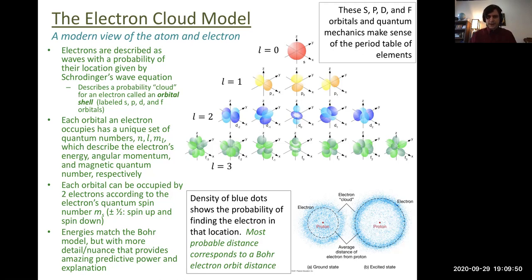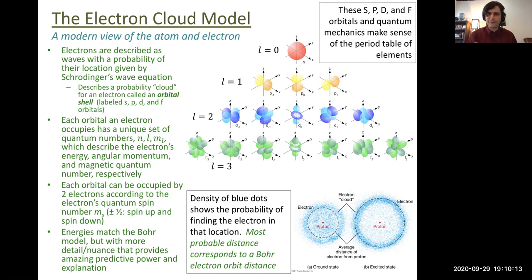But the thing about this is the energies that the electron has in each one of these, say, angular momentum equals 0, that's an s orbital, angular momentum equals 1, that's a p orbital, the energies that the electrons can have match the energies that are described by the Bohr model.